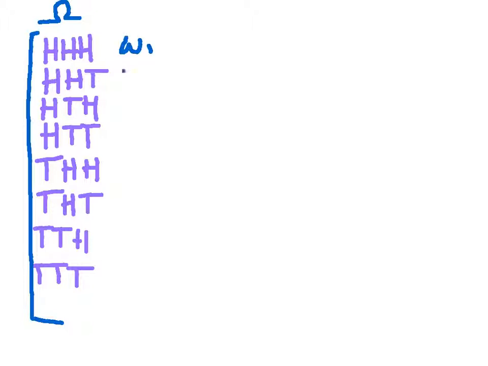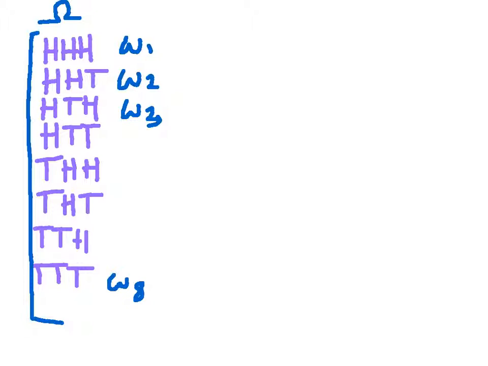So what we have is a sample space, omega, which consists of 8 simple events, and we could denote these with some suitable notation, such as perhaps the lowercase symbol for omega. But we're not necessarily interested in these simple events.